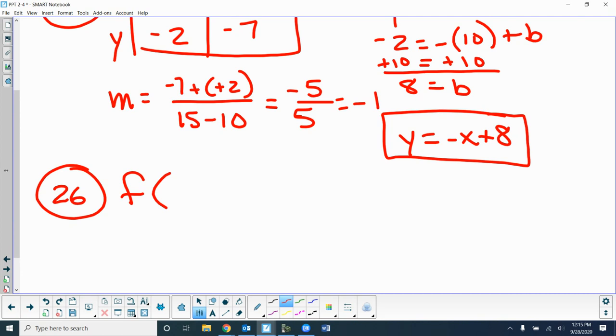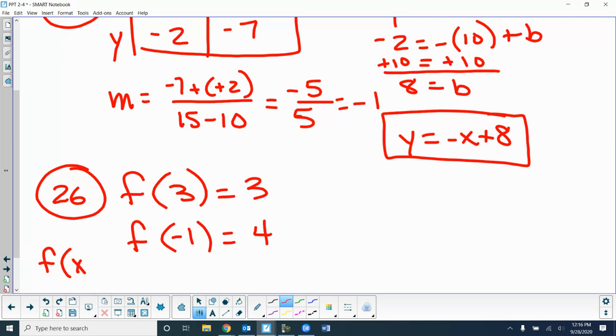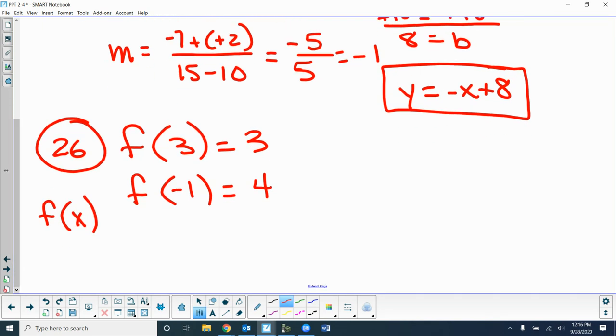So they gave us the problem in function form. We say f of 3 equals 3 and f of -1 equals 4. Okay, so remember, function notation, f of x, is like our y value, right?